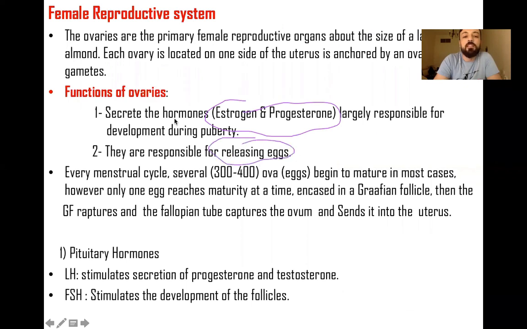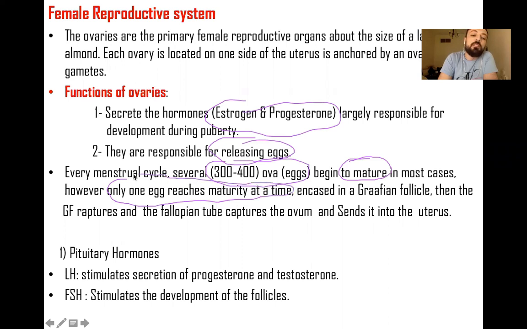As we already said, the eggs are released from the ovary, and every period, every 28 days, they release between 300 and 400 eggs. They start their journey in maturation. But only 1 egg, pay attention to this, only 1 egg reaches maturity at a time.